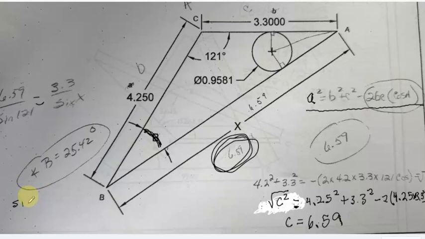When you type it in your calculator, you have the inverse sine, sine of -1, equal to 3.3 times the sine of 121, all over 6.59.